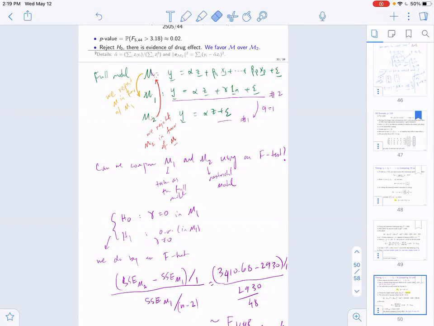Anyone remembers why we can do an F-test between these 2? Maybe I should ask so that you guys can also participate. This is all like recap of the previous lecture. So why can I do an F-test to compare M1 and M2? Anyone? To see if you guys are awake.